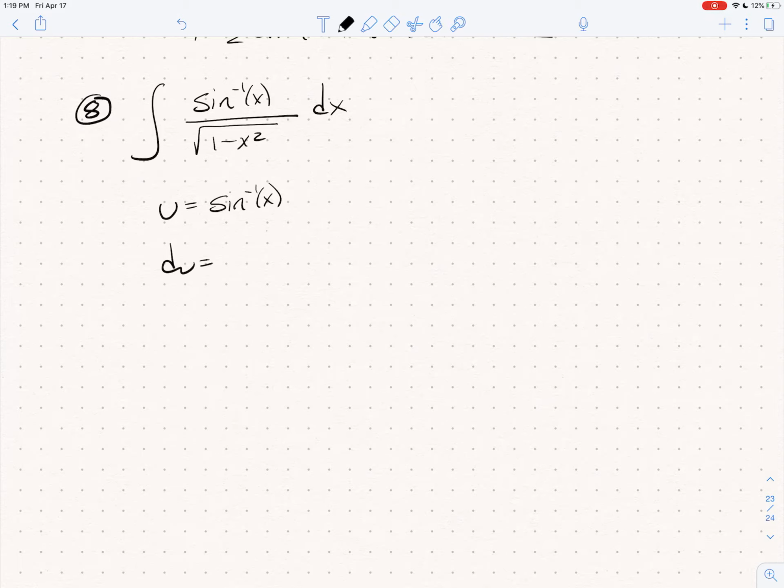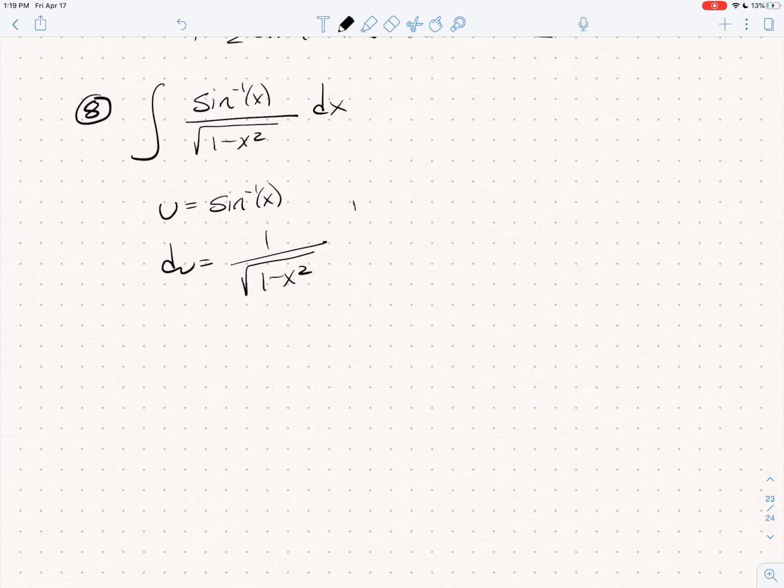Then I know that the derivative of inverse sine of x is 1 over the square root of 1 minus x squared. See, when I see that I have the derivative of arc sine sitting here, then I want arc sine to be my U because I can get du, whereas you can't go the other way. So definitely want to try U equals arc sine.